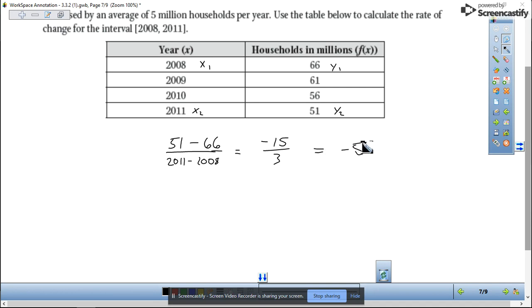And so the question is, what does that mean? The rate of change is negative 5 million per year.